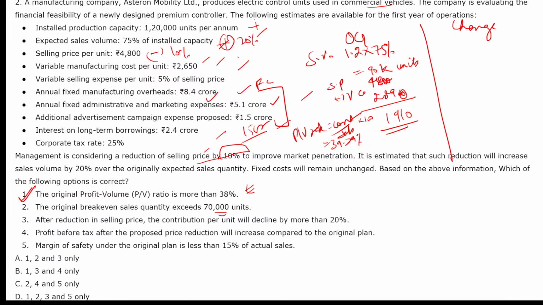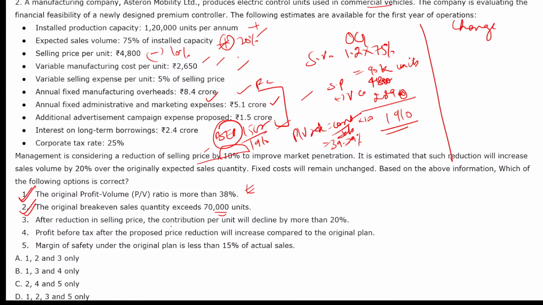Unit wise, amount wise, you could have taken the amounts. Which will be 78,000. So yes, it will exceed 70,000. So this is also correct. Statement number 2 is correct.